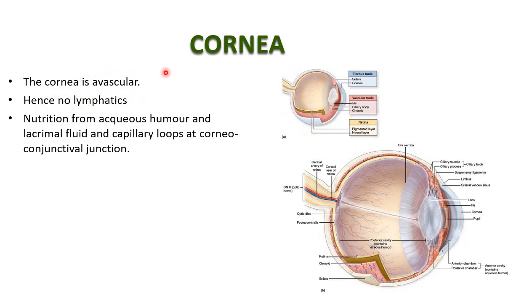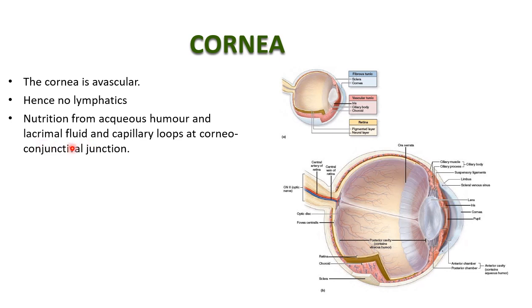Even though it is avascular, it receives its nutrition. The cornea mainly receives its nutrition from the aqueous humor. So you are able to see in front of the iris, the anterior chamber is filled with the aqueous humor. From that, the posterior layers of the cornea receive their nutrition, whereas the anterior layer mainly receives its nutrition from the lacrimal fluid.